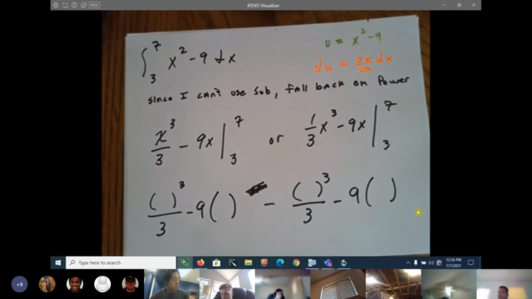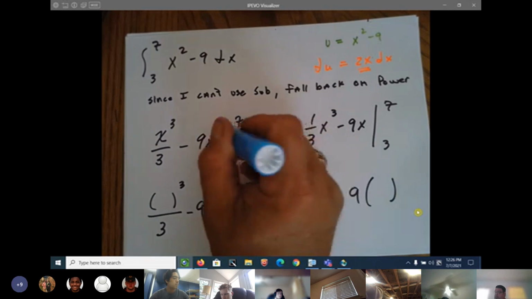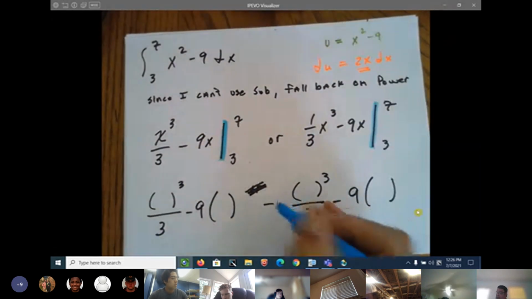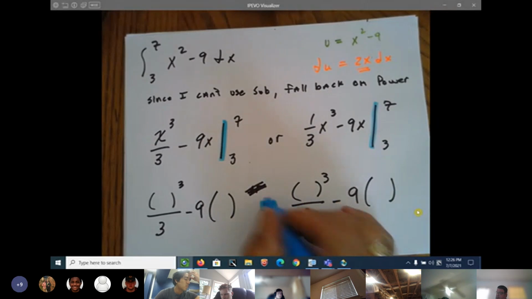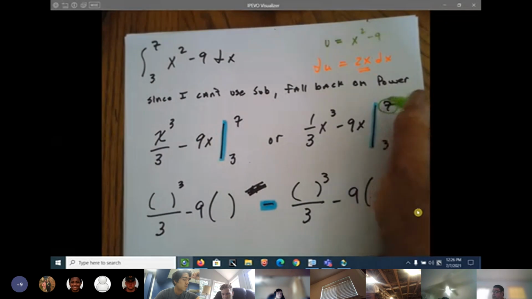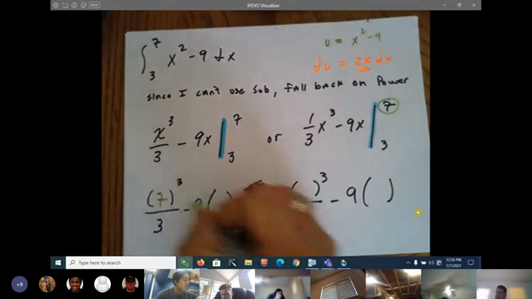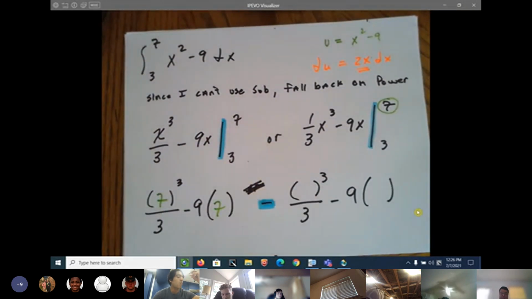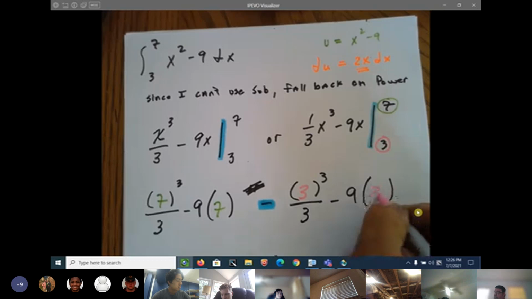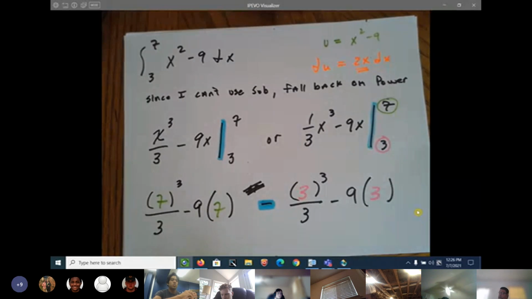And of course, this bar line right here means I'm going to subtract these guys. And this guy is the bigger guy, so he goes first. And this is the smaller guy, so he goes last.